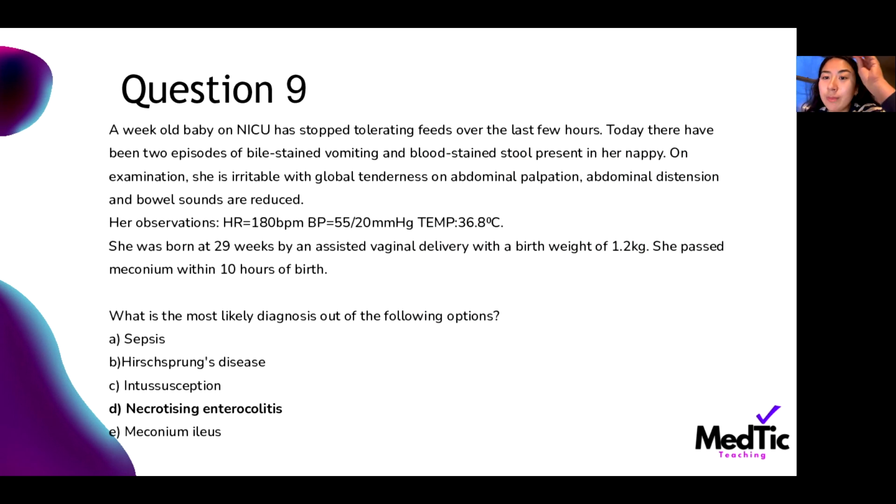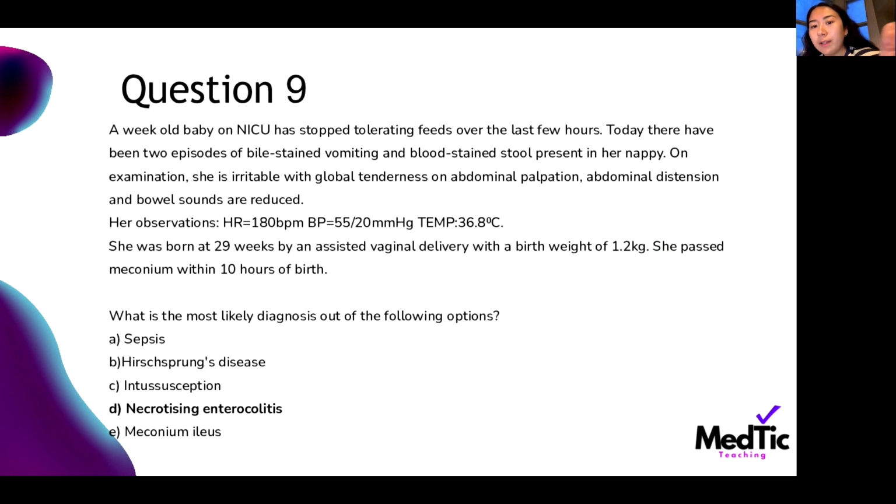And does anyone want to tell me before I move on to the next slide why, out of all of these, the one actually key bit of history that makes you think this could be D. Sorry, I just scrolled up. Neonates, so yeah.